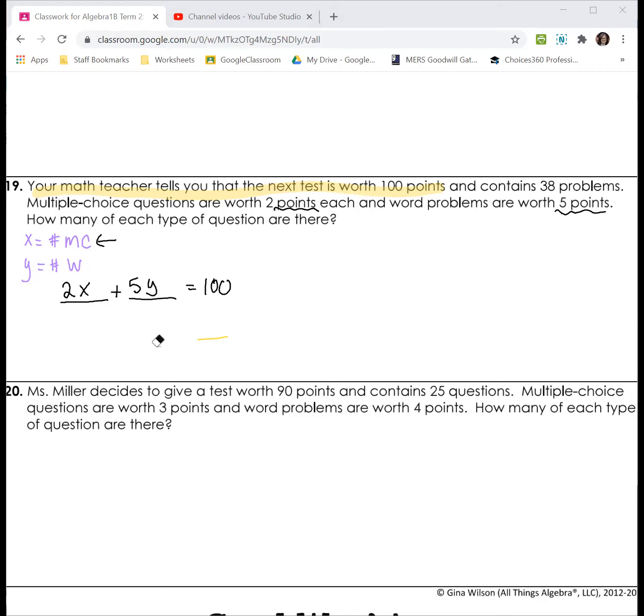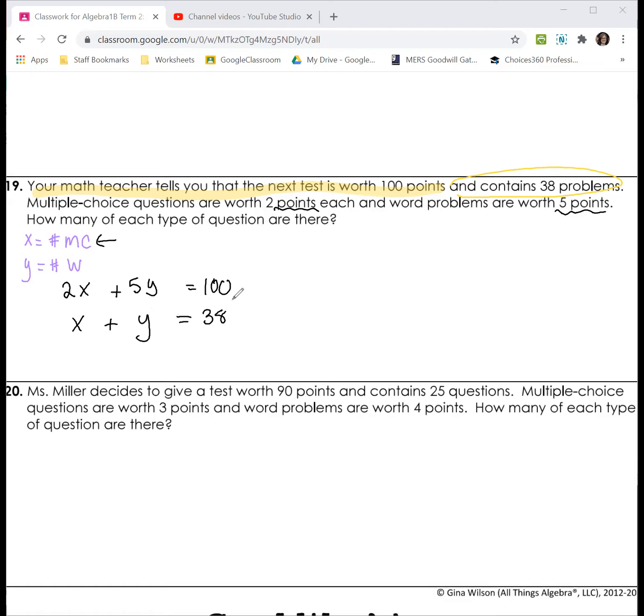So altogether, those will give me 100 points. All right. Now the next clue tells me that it contains 38 problems. So that means if I add together the total number of multiple choice questions plus the total number of word problems, I'm going to get 38.